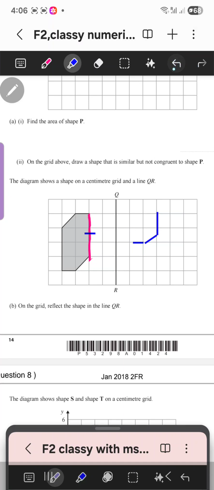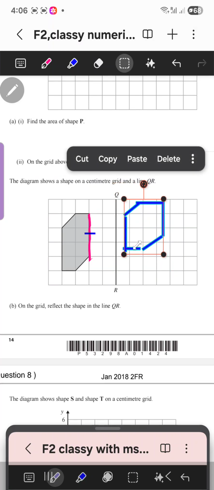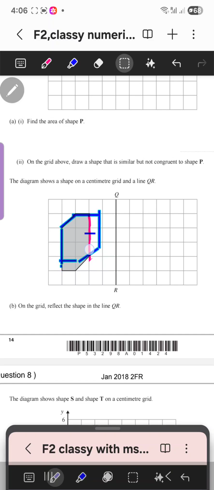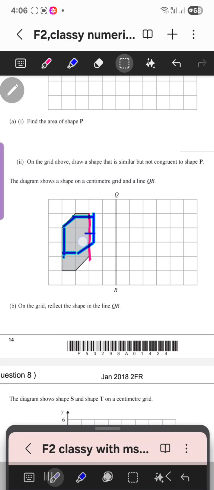I'm just trying to make it accurate. Then we move diagonally again, diagonally half, then we join it like this. So that is similar to it, but it is not the same sides. They are the same angles, but they are not the same sides.